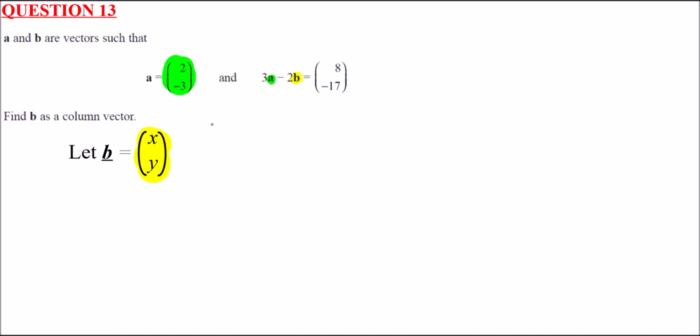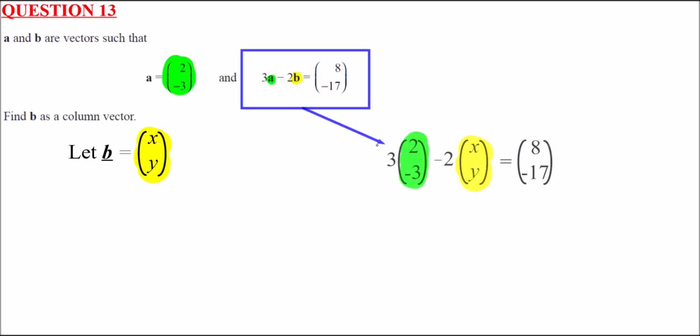Substituting in that B is (x, y) and A is (2, -3), we have the following. 3 lots of A, which is 3 lots of (2, -3), minus 2 lots of B, which we're calling (x, y), must equal (8, -17). In brackets, we can expand like normal brackets, multiplying the 3 by the 2 and the -3, and the 2 by the x and the y.